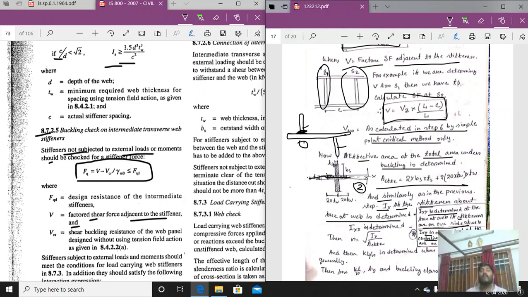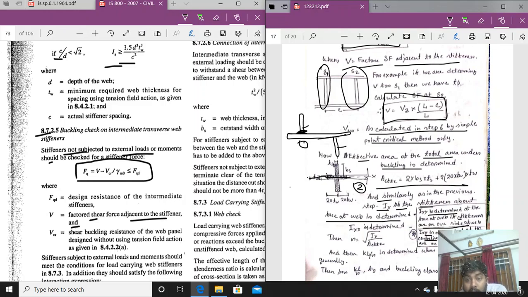Okay, so we have to be clear of that. If the transverse stiffener or any stiffener is on each of the two sides of the web, then we determine the moment of inertia of the stiffener based on the center line of the web, and if the stiffeners are only on one side of the web, like in the case of number 1, then I_xx is determined at the face of the web.